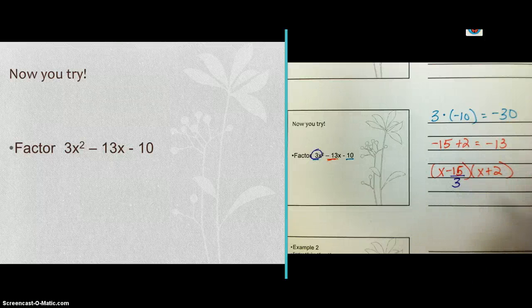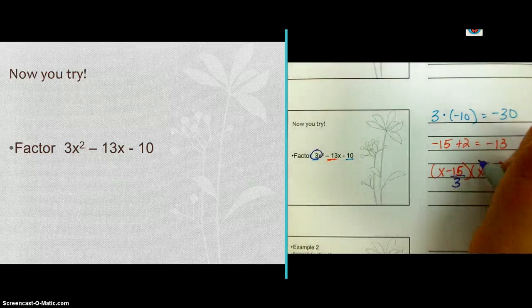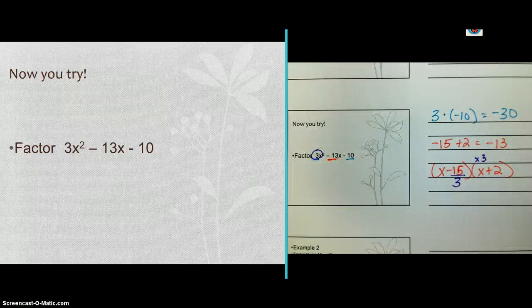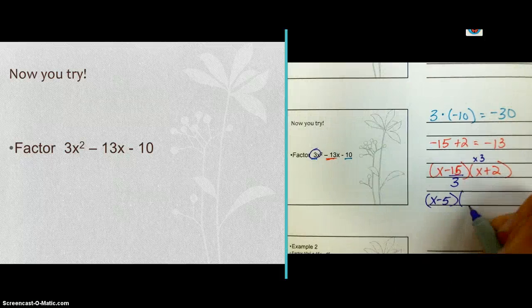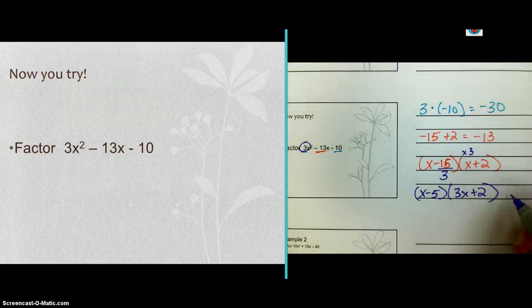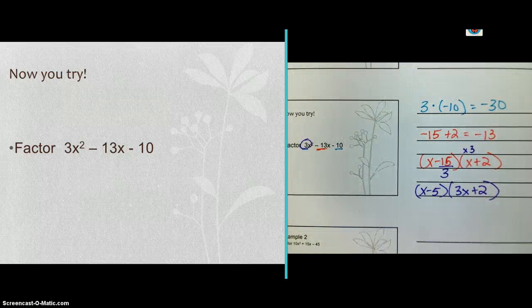I don't really want to deal with fractions. So I'm going to divide 15 by 3 and multiply that x by 3, the opposite x by 3. When I do that, I'm left with x minus 5. 15 over 3 is 5. And then 3 times x is 3x plus 2. So these are the factors that I want to check to see if they're correct.